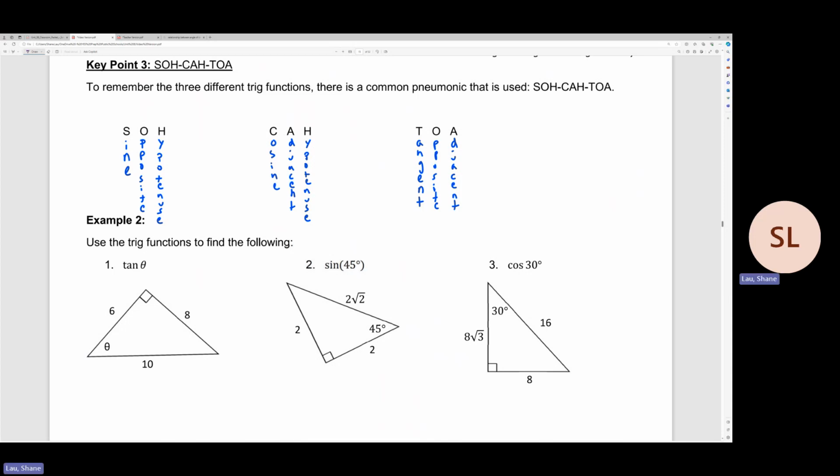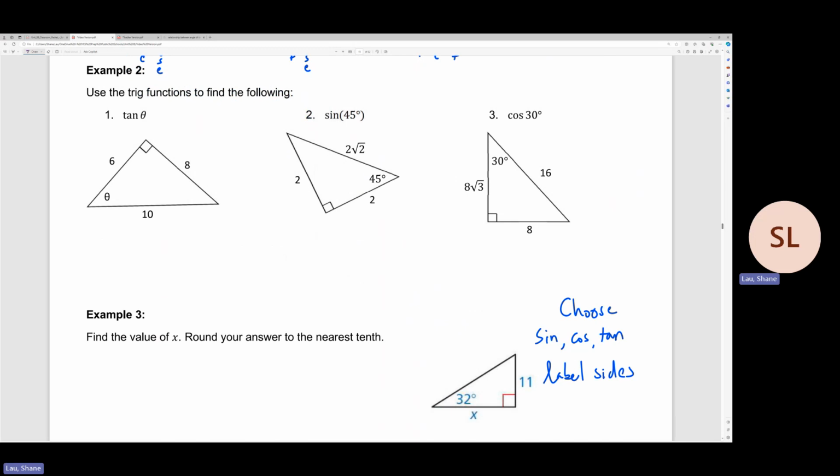Okay. Example 2 here, we're just taking specific ratios of certain angles. So if I want tangent of theta, I know I want the opposite over the adjacent. But just like anything else, I want to make sure that I'm actually solving this correctly.